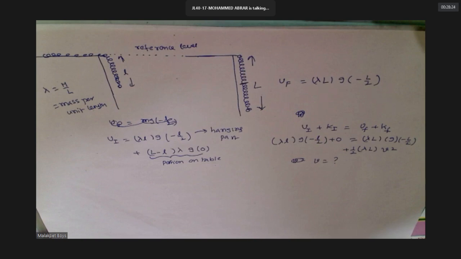Sir, V is under root G into L square minus L square by L. Completed, sir.